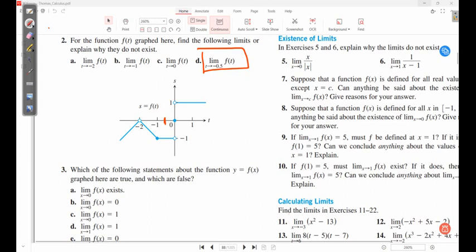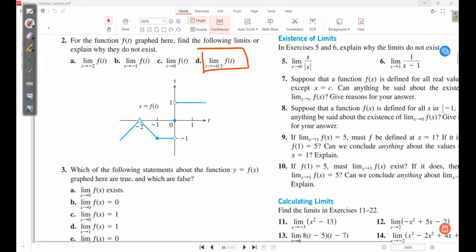Okay, anybody else? Anybody who is willing to give us an answer there? Negative 1. Why do you say negative 1? Because if you are moving from the right hand side, the y-axis is -1, and from the left is -1. Okay, good. So if you draw a line on that point, and you look at the function from the negative side and from the right side, we are on the same point, -1. Okay, good.